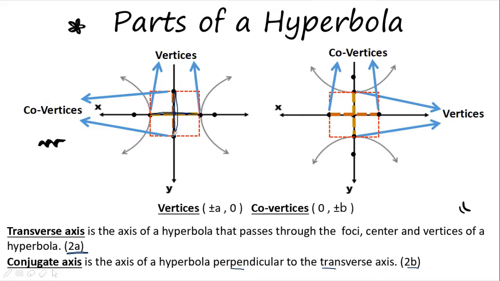The coordinates of the vertices are positive and negative a, comma 0, while the co-vertices are 0, comma, positive and negative b. The partner of the transverse axis is the vertices, while the partner of the conjugate axis is the co-vertices.